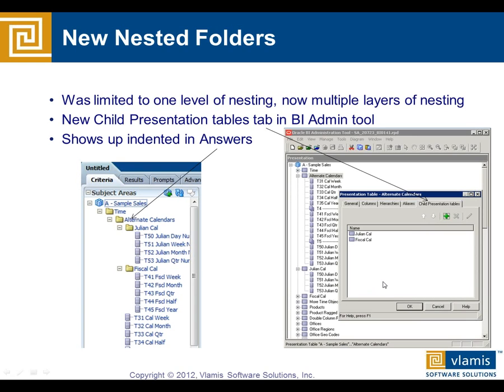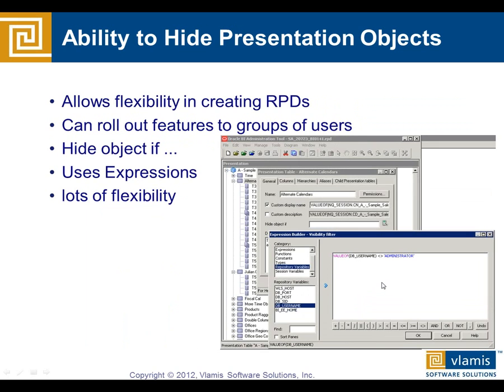We also have, yay, the ability to hide presentation objects. I don't know if anybody else has run into this, but there's times when you want to create a presentation area, and then you don't want to expose that to everybody because it's just too much for everybody to look at. So you want to be able to hide them without having to have multiple versions of RPDs with some things exposed and some things not exposed.